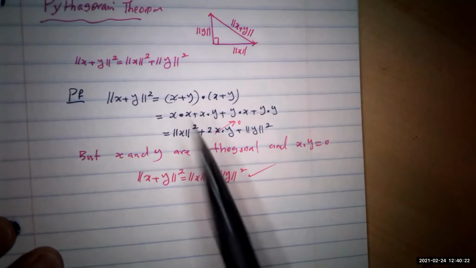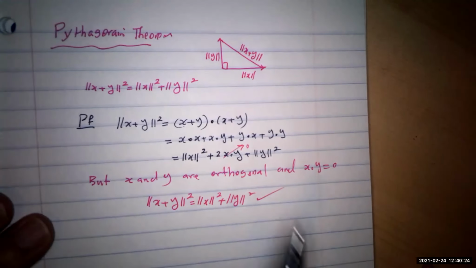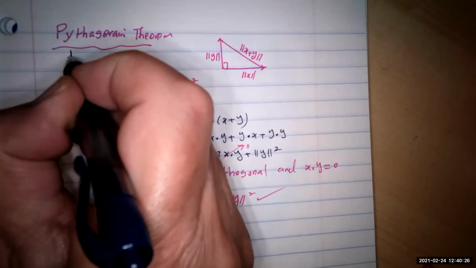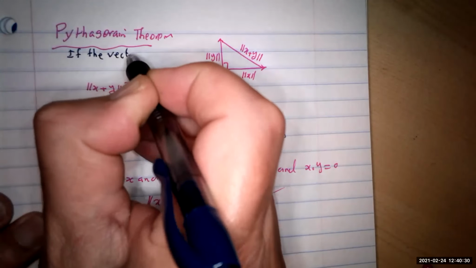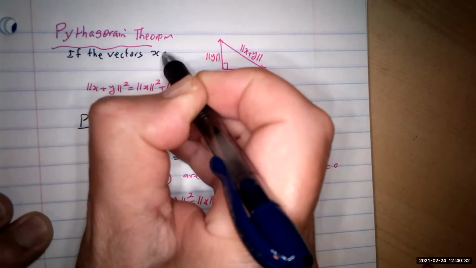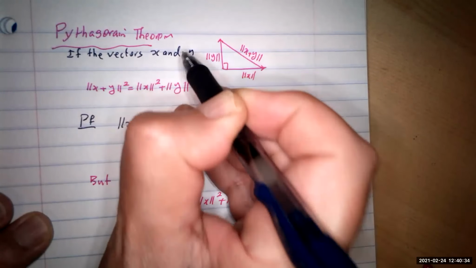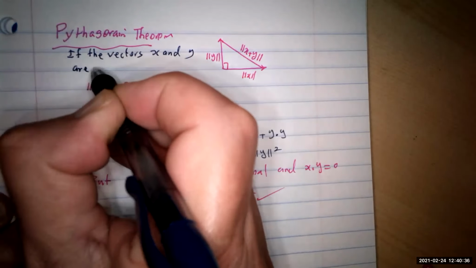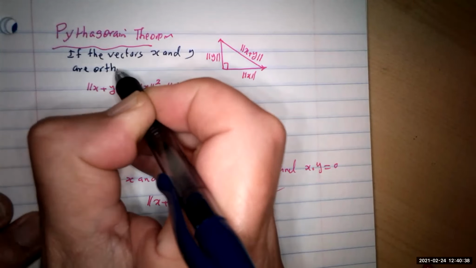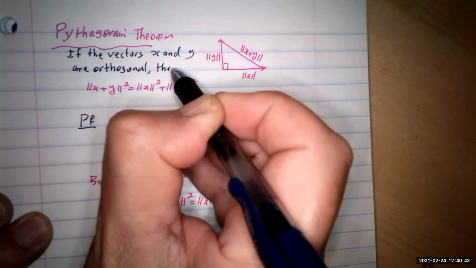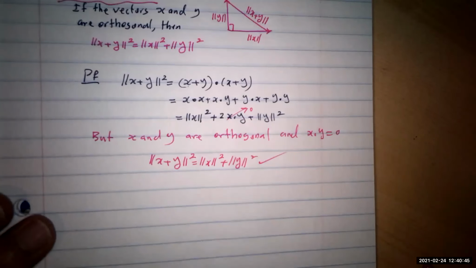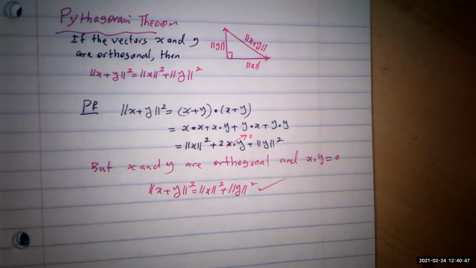Okay, so I have to add here, I'll describe it better. If the vectors x and y are perpendicular or orthogonal, then we have the Pythagorean identity. Very nice result.